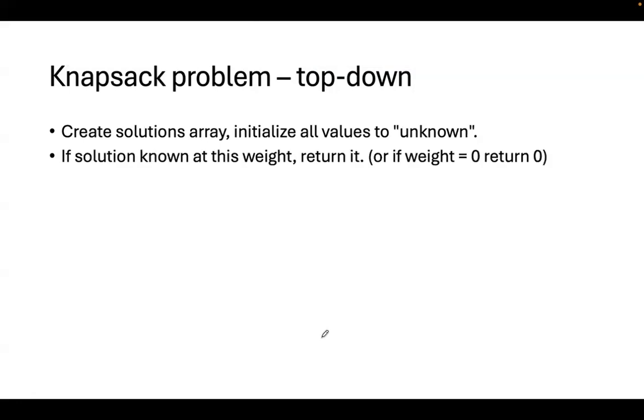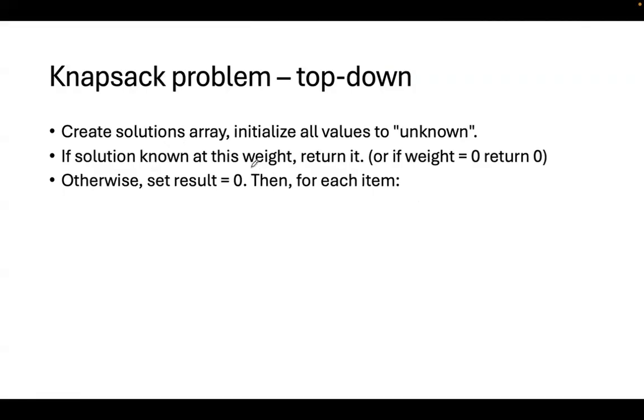And we ask, is there a solution known at this weight? If we do have it, then just return that. Otherwise, we've got a base case for if we're at 0, then just return 0. Otherwise, if we don't have the solution at this weight, set the result to be 0.